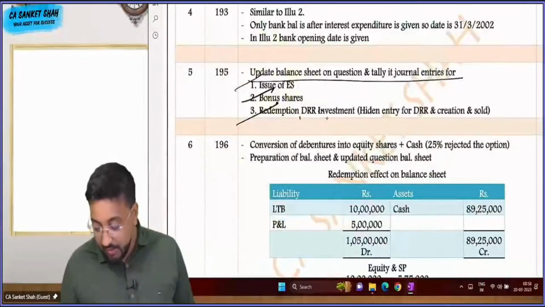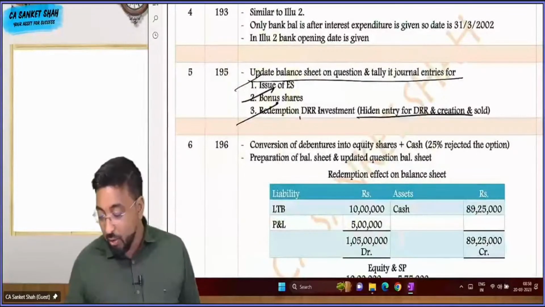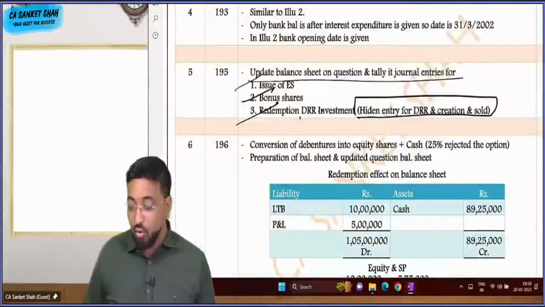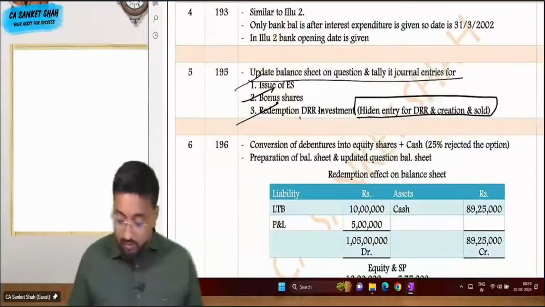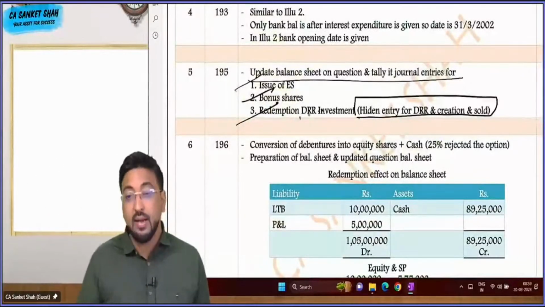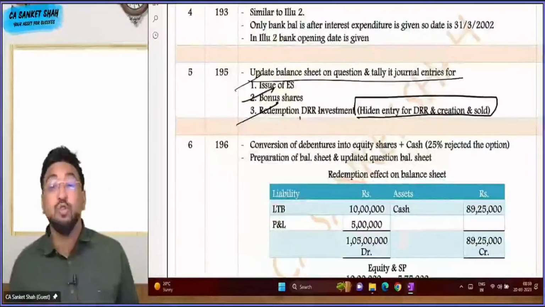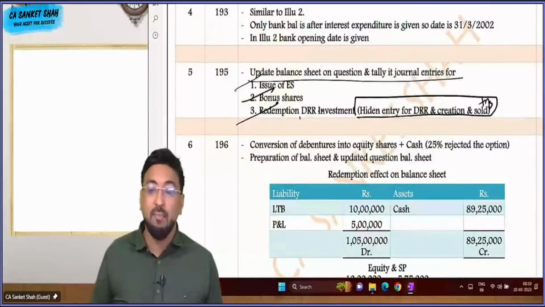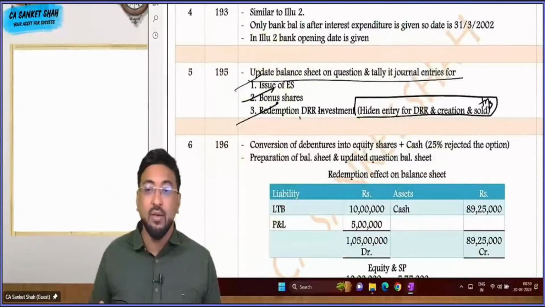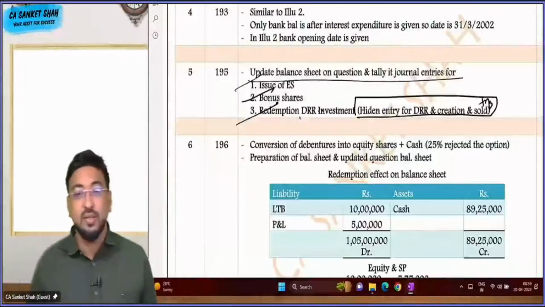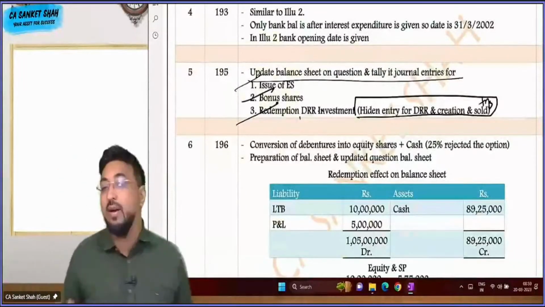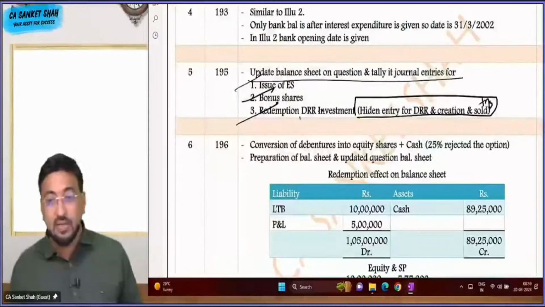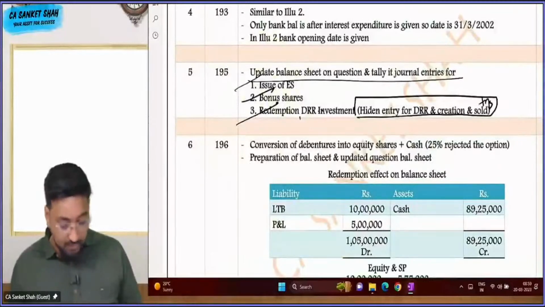Redemption, DRR, and DRR investment. Hidden entries for DRR investment, DRR creation and sold, or transfer. तो बहुत सिंपल था. अपडेट बैलेंस शीट करना है and tally the question journal entry wise. So very simple. Issue of shares, bonus shares, and redemption entries. So problem is not at all difficult. Yes, you had better please tell me in the comment section. Problem difficult था या नहीं था?